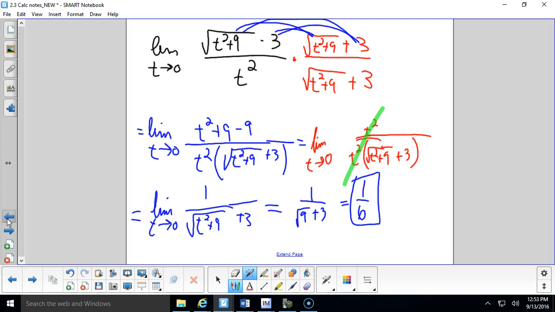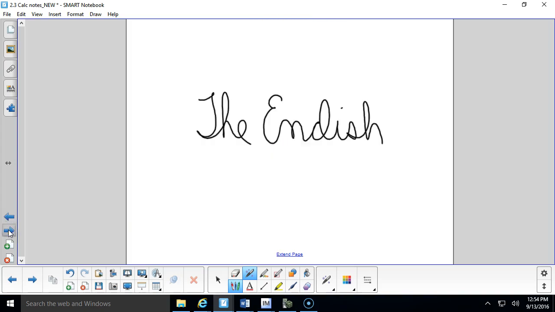But often it's just factoring. Listen to the vocab I'm saying. Often it's just factoring, and you can cancel common factors. So simplify the expression, and often something will cancel out, like it did in this situation, and then you're going to be able to substitute in the value that you're interested in. The end.